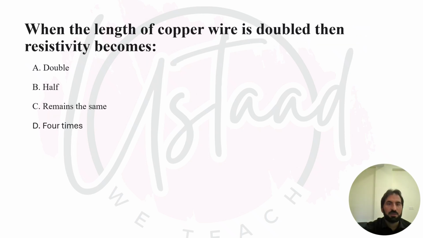Next MCQ is, when the length of copper wire is doubled, then resistivity becomes: double, half, remains the same, or 4 times. So the correct option is C, it remains the same.